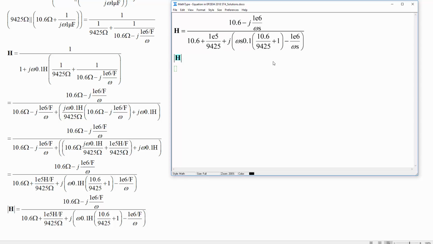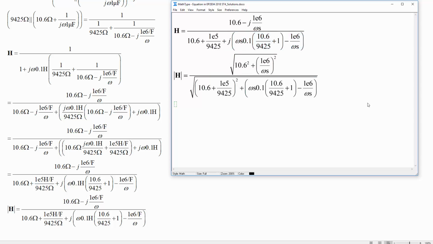So then magnitude of H should be equal to root 10.6 squared plus 1e6 over omega seconds squared. And then in the denominator, we're going to have a 10.6 plus 1e5 over 94.25 squared plus this whole thing squared. Great.